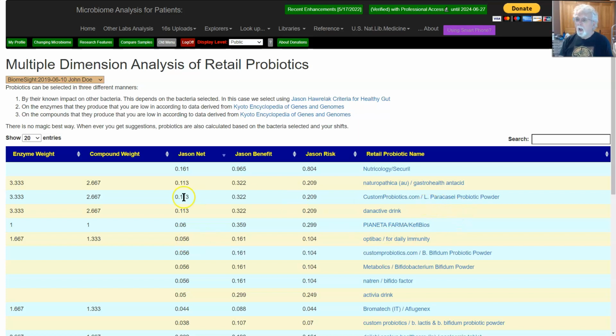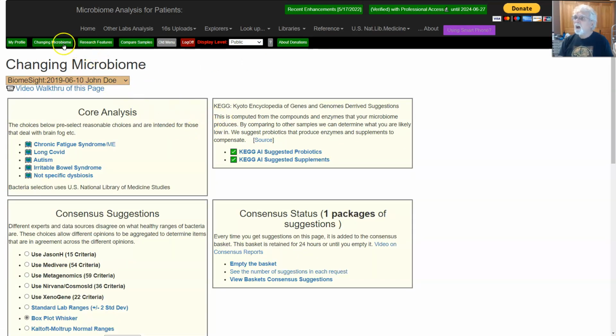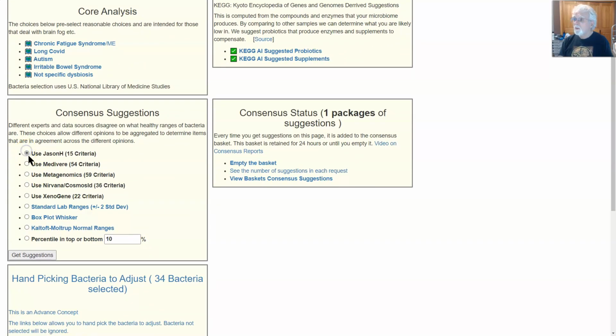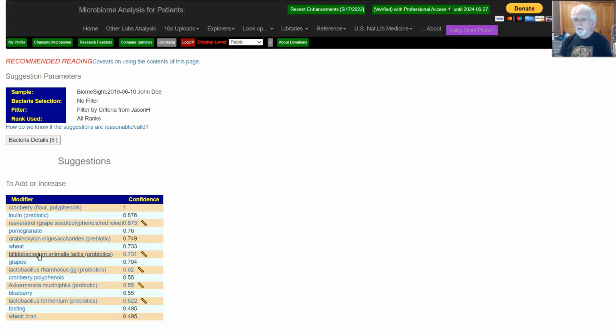For example, Paracasei here looks like a very good selection because it has a good enzyme rate, it has a good compound rate, it's a net positive effect, etc. Now, to explain one thing else, particularly with number one, if you go over to changing your bacteria and go down and do something like Jason's criteria here and get suggestions, you won't get the identical suggestions.